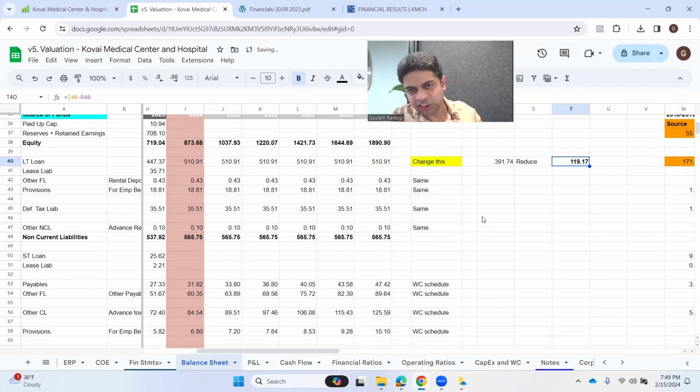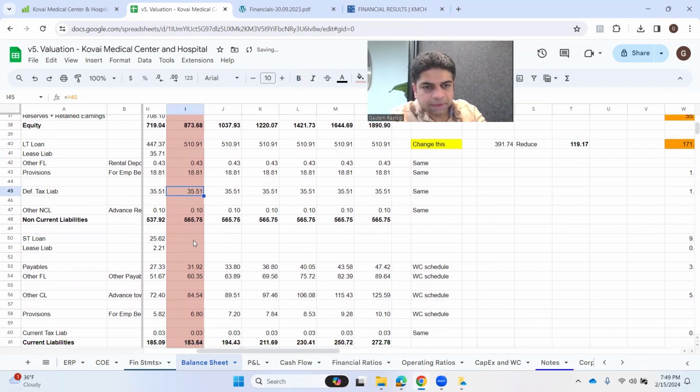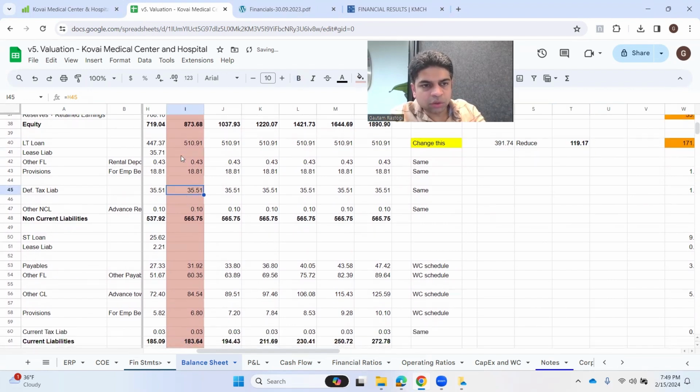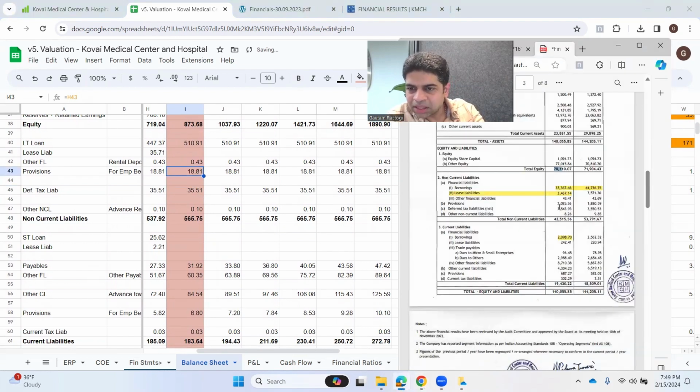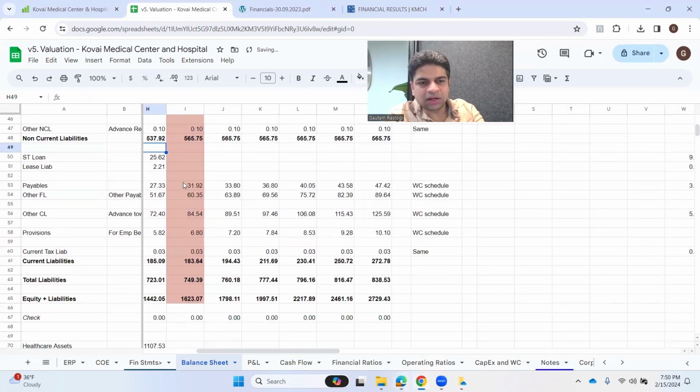If we make these other adjustments, the equity and cash will be taken care of. Deferred tax. Okay, let's look at some of the other items. Provisions is a smaller number. It's 20.85. Ours is 18. That's fine. All right. I think I get a sense that all the other numbers look fine.